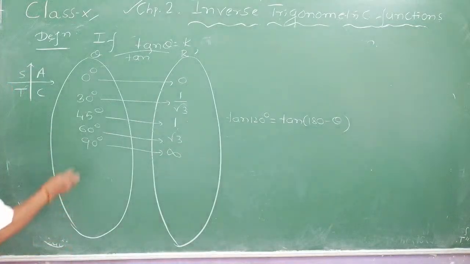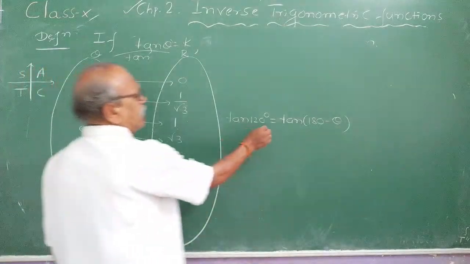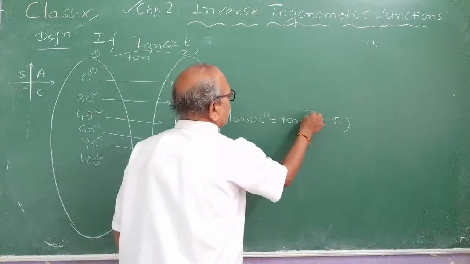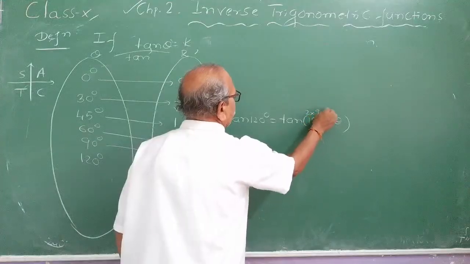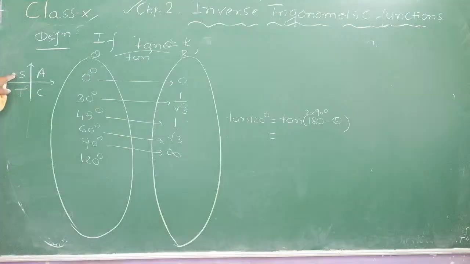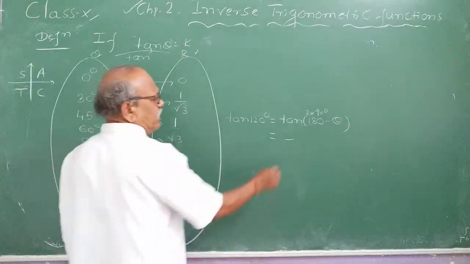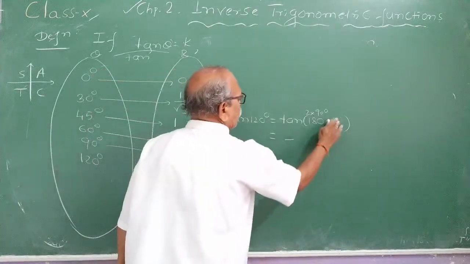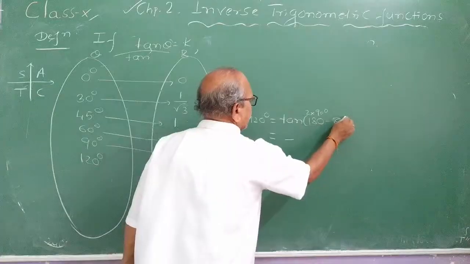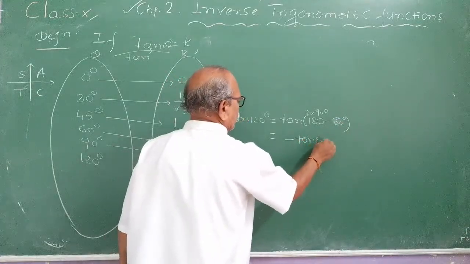Now see, I will take 120 degree, what happens now? Tan 180 minus theta, already we discussed in the last class, is an even multiple of 90 degree, second quadrant. In the second quadrant, sine and cosec are positive, rest are negative. Therefore you get minus tan of 180 minus 60, minus tan 60 degree.